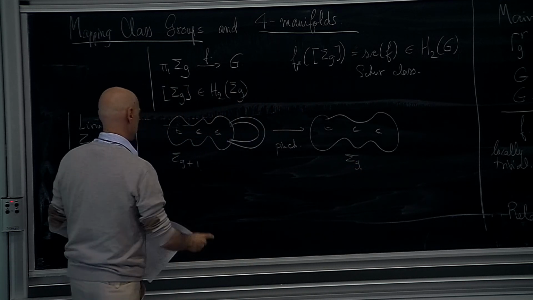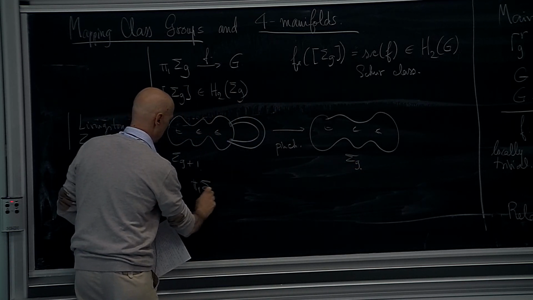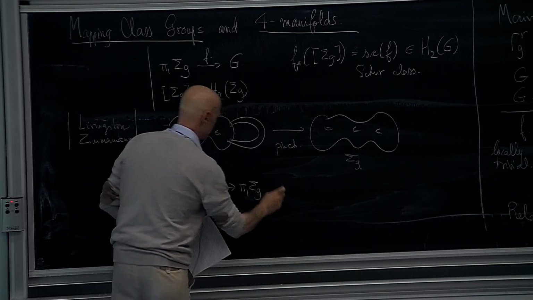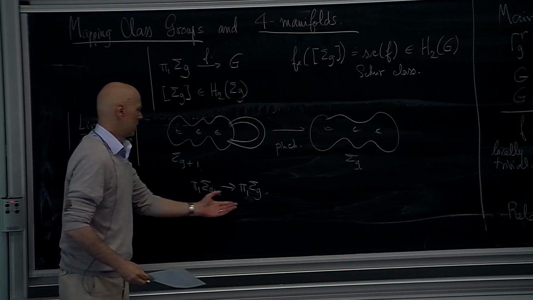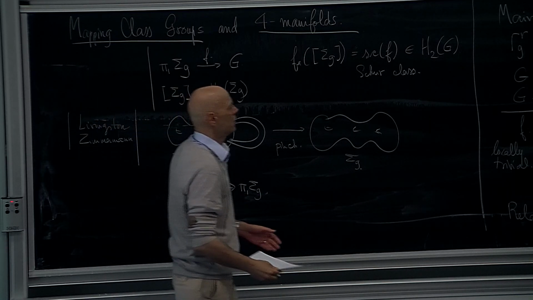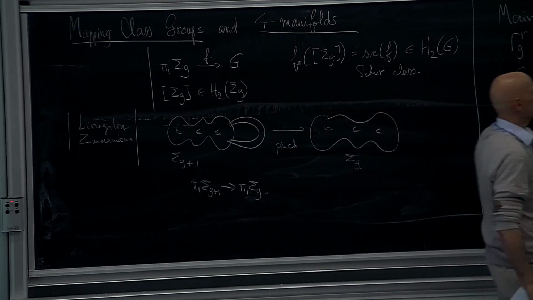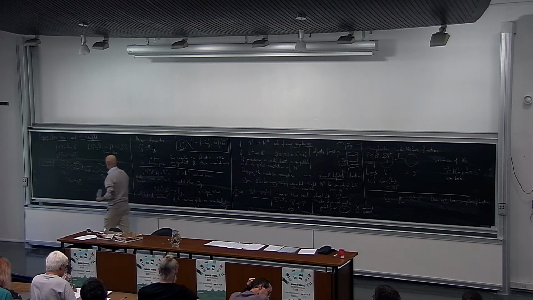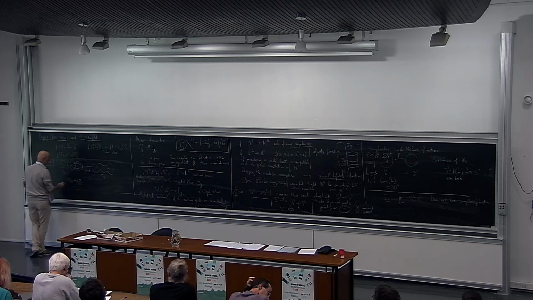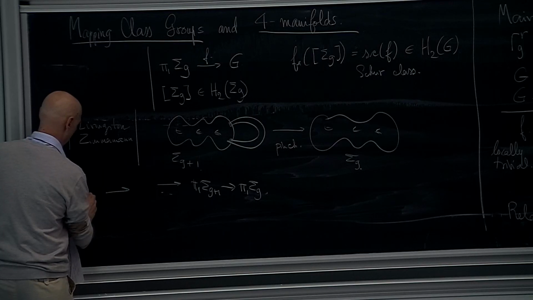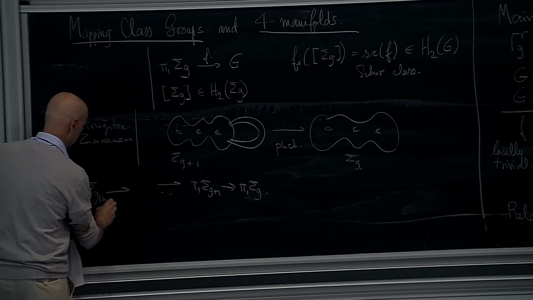And observe that this is giving a map pi 1 sigma g plus 1 into pi 1 sigma g. Call two such homomorphisms from sigma g into G stable equivalent if, up to composing with a number of pinches when we get the map from sigma g plus n.